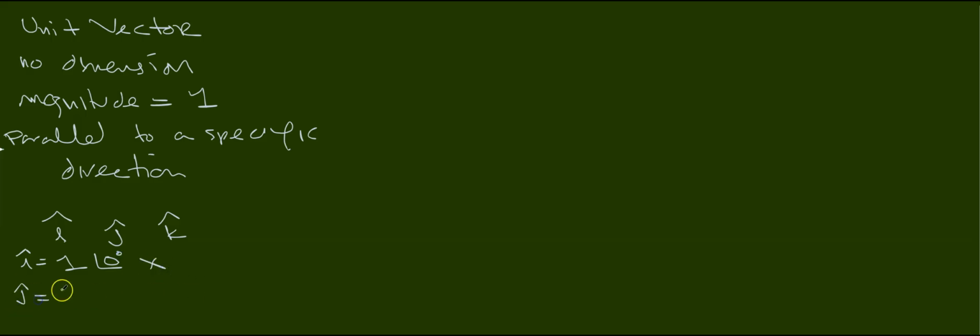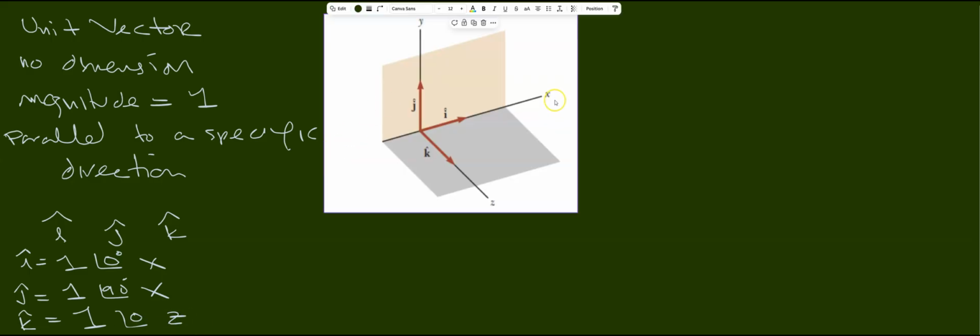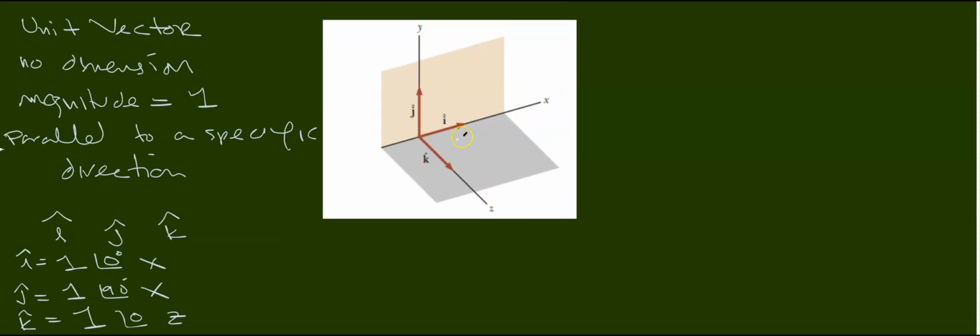Vector j has a magnitude of 1 at 90 degrees with respect to the x-axis, which means parallel to y, and vector k has a magnitude of 1 at 0 degrees but with respect to the z-axis. Let me show you. So x, y, and z. You see, i has a magnitude of 1 parallel to x, j is parallel to y, and k is parallel to z.